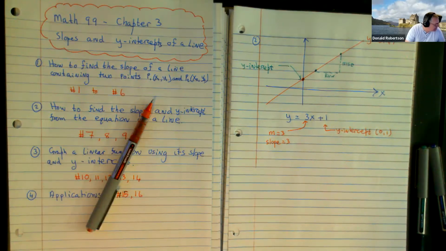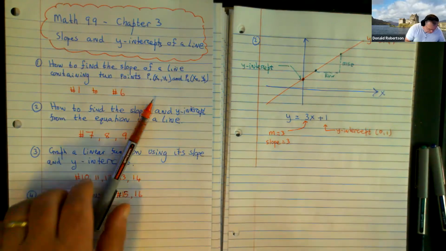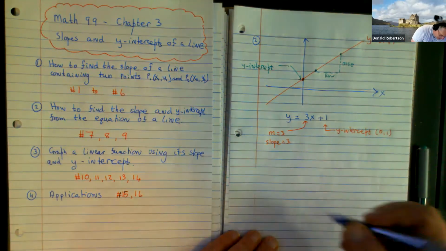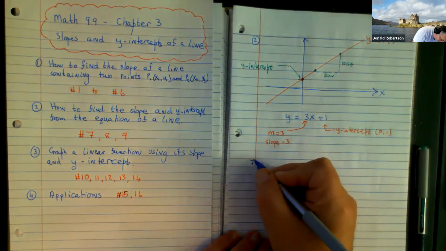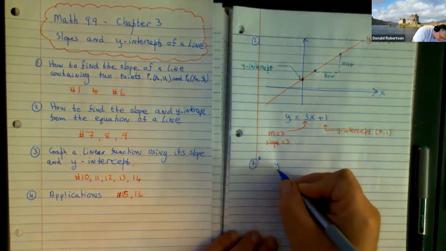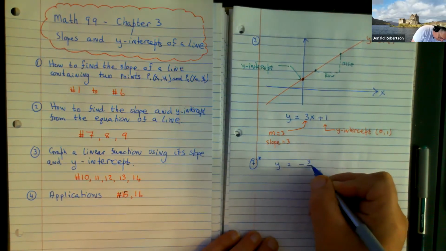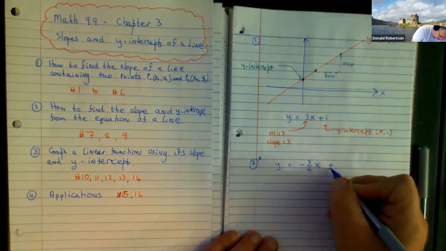And there are 3 questions, 7, 8, and 9, where you get to do that. So let me show you an example of that. This is a version of question 7. And y is -3/4 x plus 7.